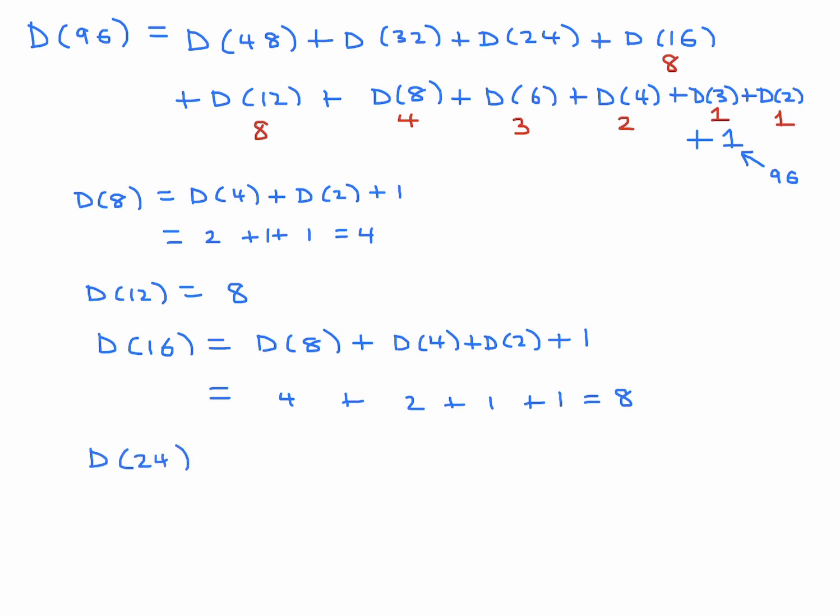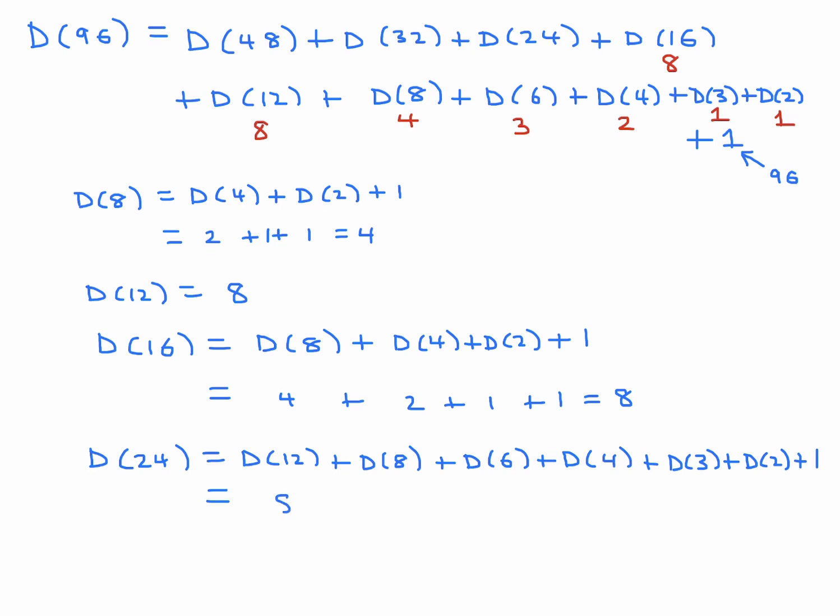D24 is going to be D12 plus D8 plus D6 plus D4 plus D3 plus D2 plus 1. And these numbers are 8, 4, 3, 2, 1, 1, and 1, and that is equal to 20. All right, so we got 2 more.